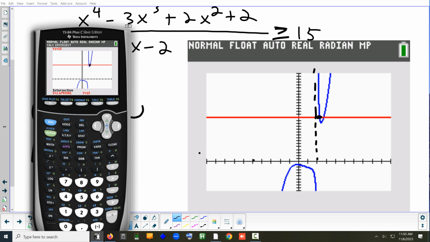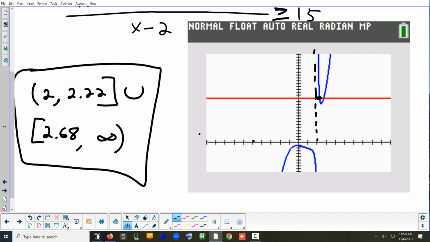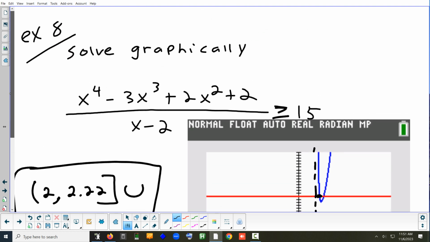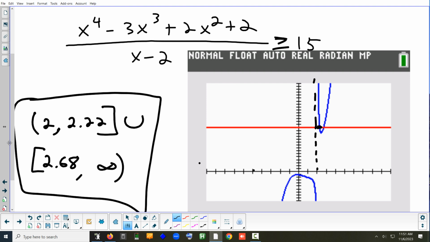And it gives me an answer of 2.68. So same type of answer as the last problem. It would have been a lot harder to get these numbers by hand if we could even do it at all. So you're definitely going to use a graphing calculator for that. And that's pretty much solving rational equations and inequalities.